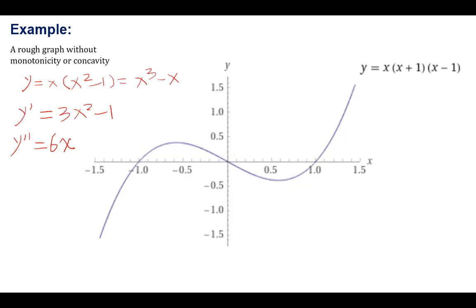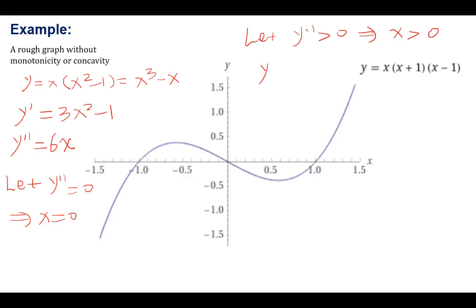Okay, in order to find the intervals of concavity, we can first let the second derivative be 0, and this gives us x equals 0, right? Then we let the second derivative be greater than 0, and this gives us x must be greater than 0. And let the second derivative be less than 0, and this gives us x must be smaller than 0, right?